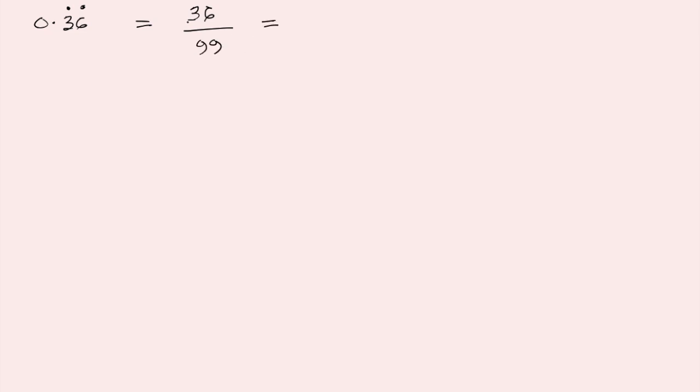And we can reduce this into a lower term. If we divide here by 3, we would have 12, and if we divide this by 3, we have 33. But we can still divide further. 3 goes here 4 times, and 3 goes here 11 times. So 0.36 repeating is equal to 4 over 11.